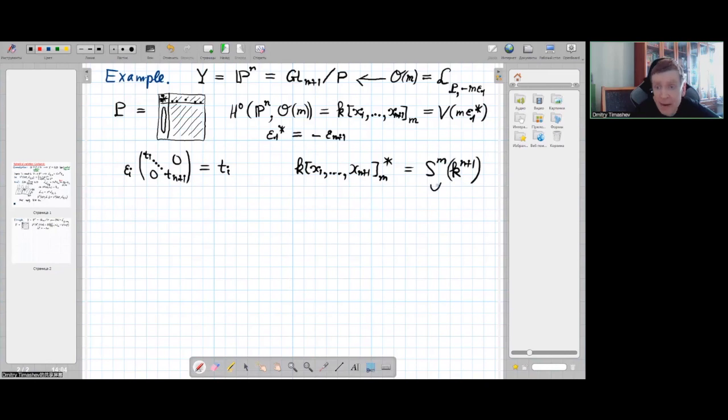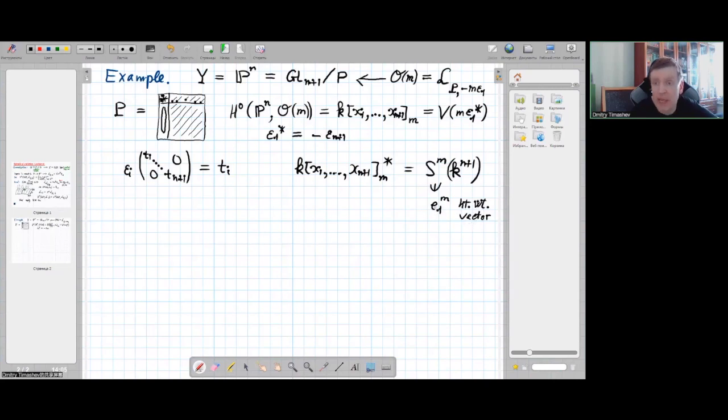And here you can easily pick the highest weight vector. It is just the first basis vector to the power m. This is the highest weight vector, because it is stable under the action of the Borel subgroup of upper triangular matrices.